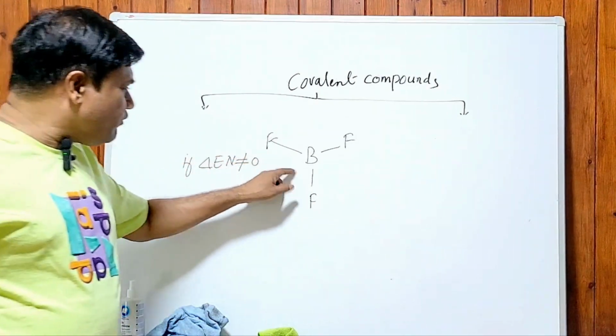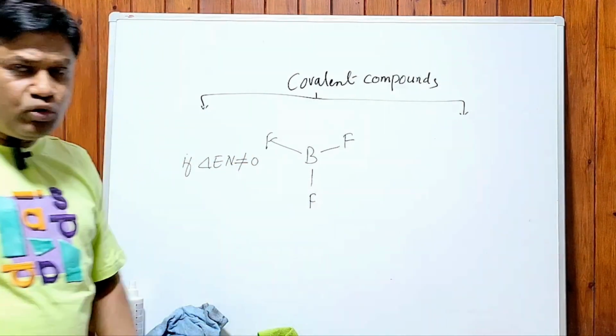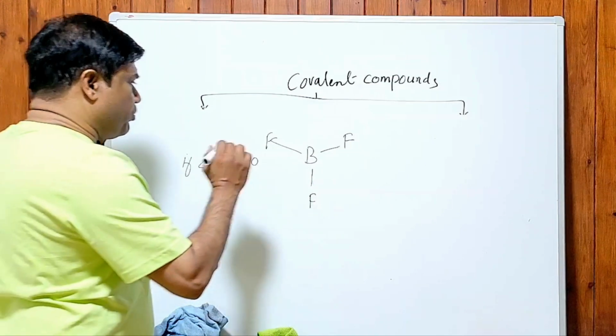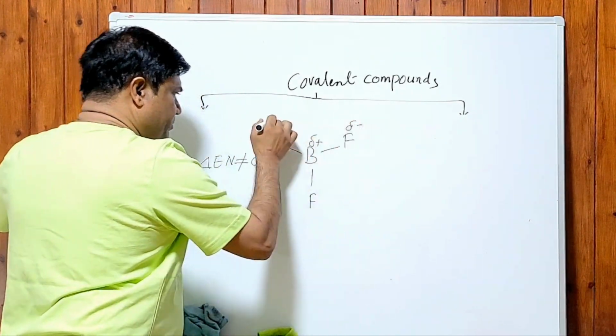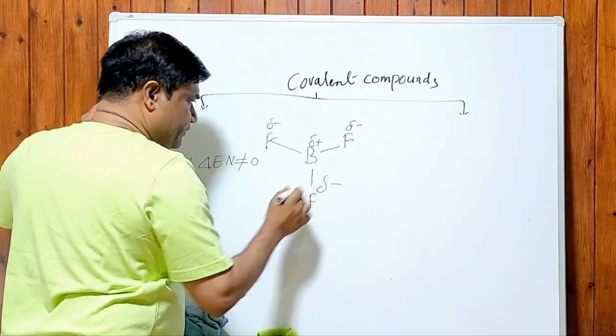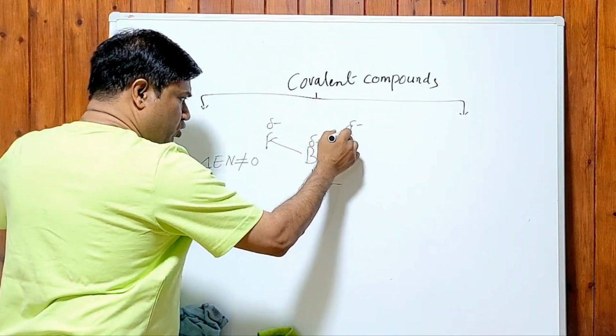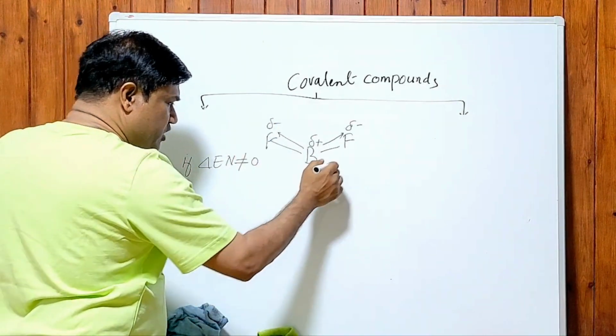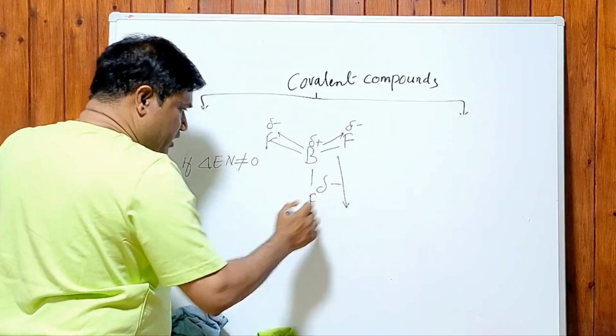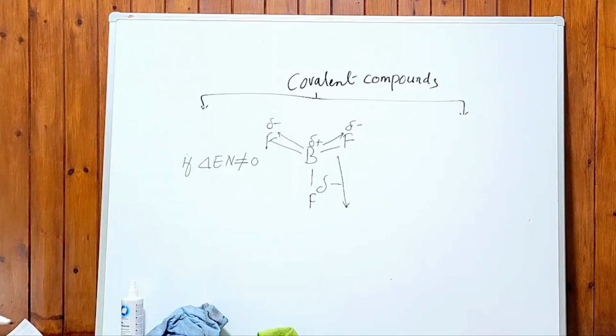Now, how can we decide whether this molecule is polar or non-polar? We will draw its dipoles. We know partial positive on boron and partial negative on each fluorine. So this dipole goes in this direction, this dipole goes in this direction, and this dipole goes in this direction. If you're getting confused with dipoles, think of each as a kind of force.